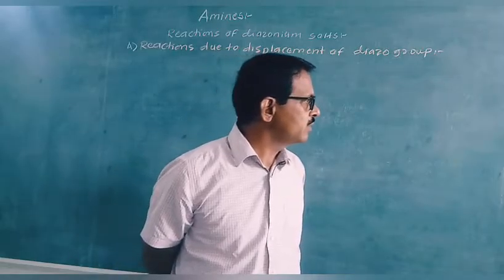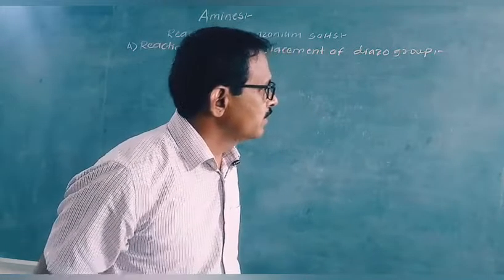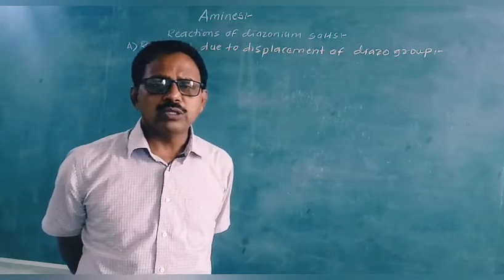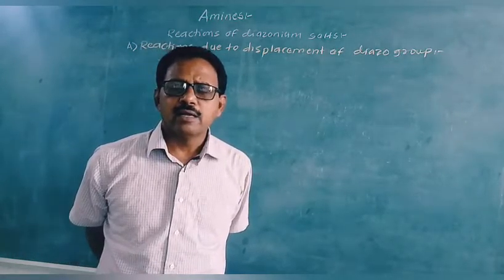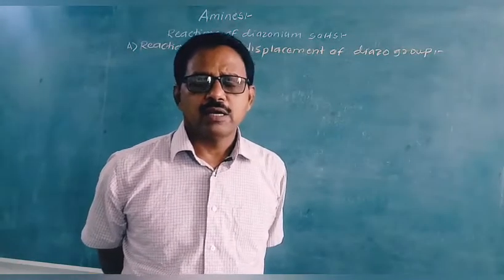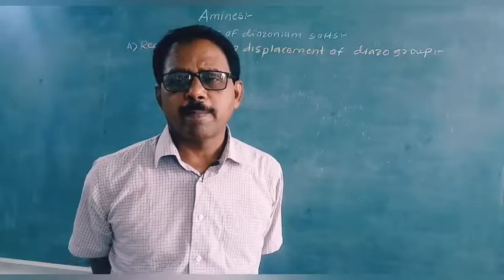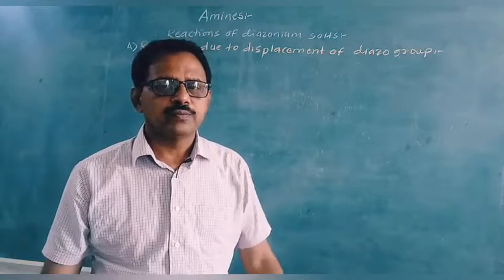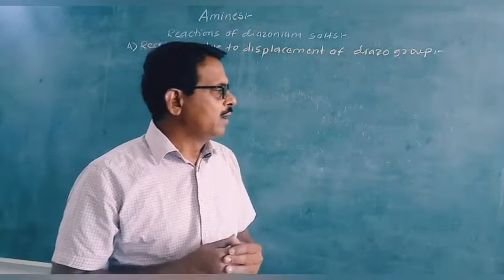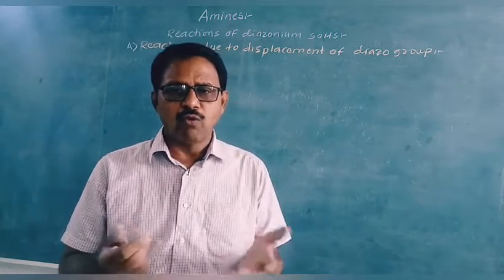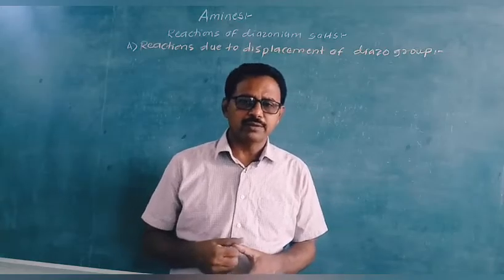Then reactions with nitrous acid. Before that, the carbylamine reaction. That reaction is given only by primary amines. Primary amine plus chloroform plus alkali like KOH gives alkyl isocyanides with a foul smell or offensive odor.